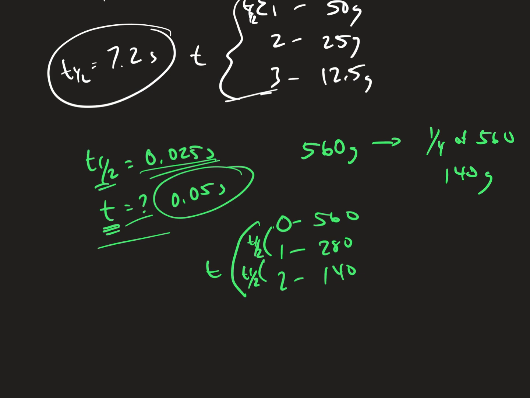Every time you cut it in half, that's 1 half-life. So we cut it in half 2 times, so that's 2 half-lives. So 2 of these is equal to the total time. Make sense? Yeah. So don't try to think, okay, when do I multiply, when do I divide? Think about what we're doing. And that's going to help you have it click better. Well, that helps me. Okay.